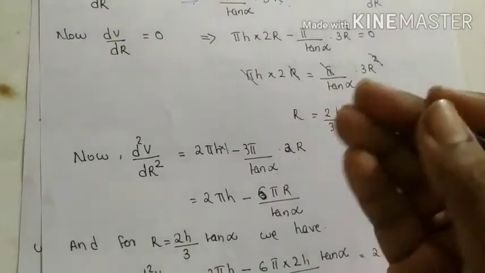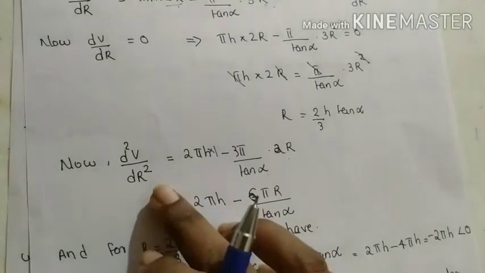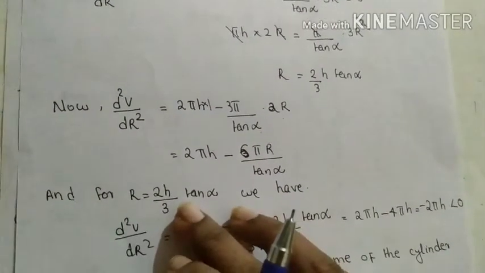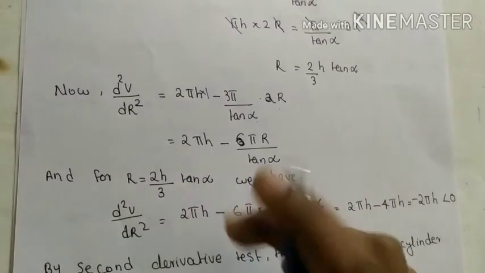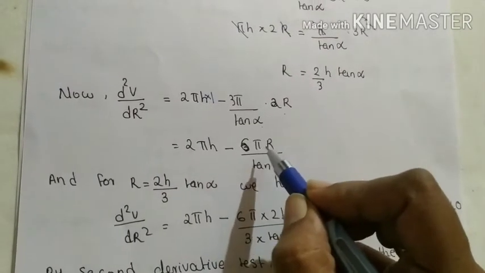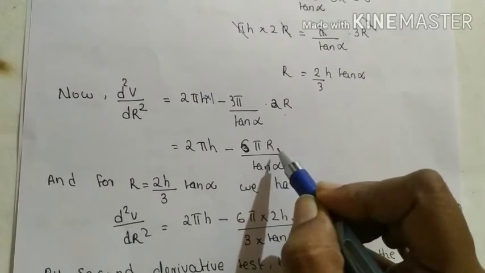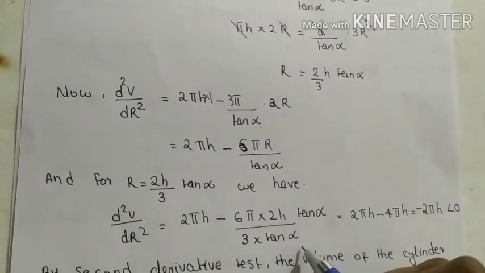Now applying the critical point in the second derivative, we get d square V by dR square equal to 2 pi H minus 6 pi into tan alpha, replacing r by 2H by 3 tan alpha.